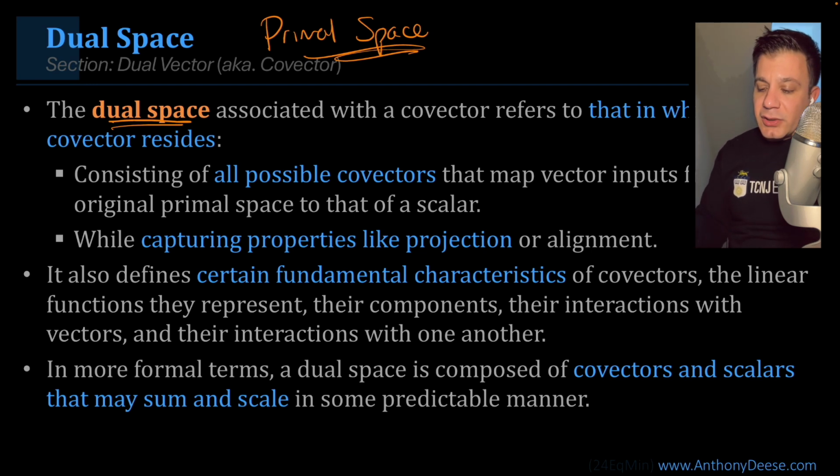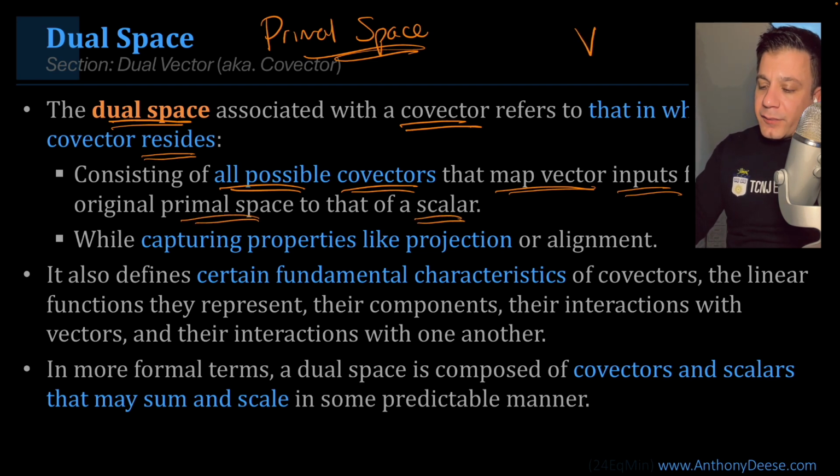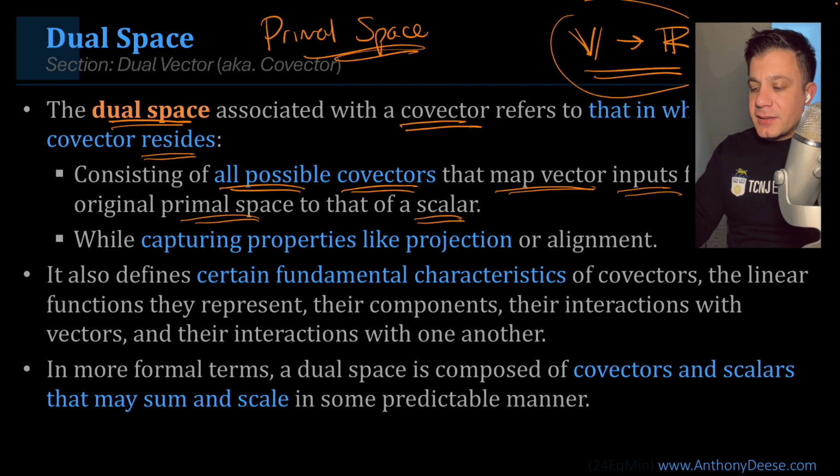So the dual space associated with a covector refers to that in which the covector resides. It consists of all possible covectors that map the vector inputs from their original primal space to that of a scalar. So all the different covectors that can generate this type of mapping right here.